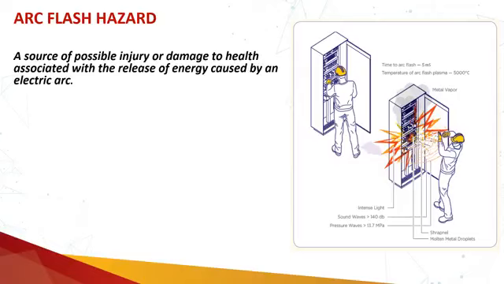Yes, if it is open and energized, then the limited approach boundary, restricted approach boundary, and the arc flash boundary exist. But if you have established an electrically safe work condition, which means you have fulfilled all the requirements of Article 120.5, then all those boundaries do not exist. These boundaries exist for live work.